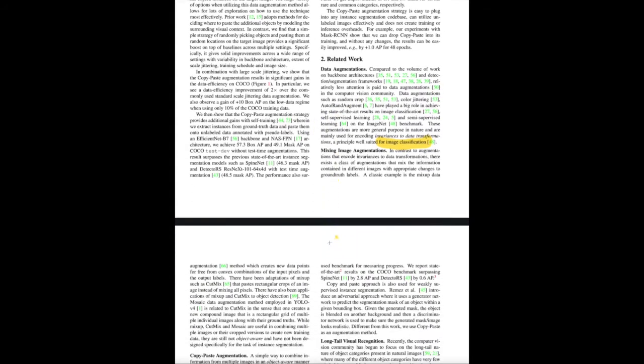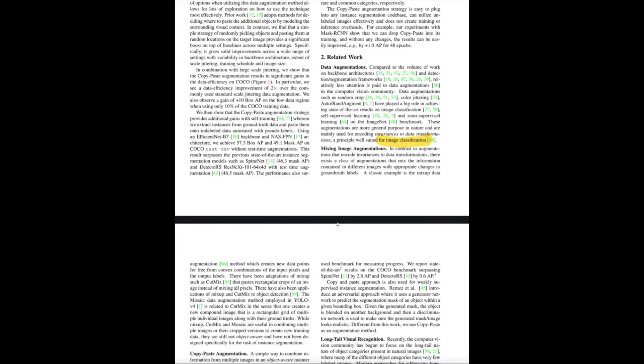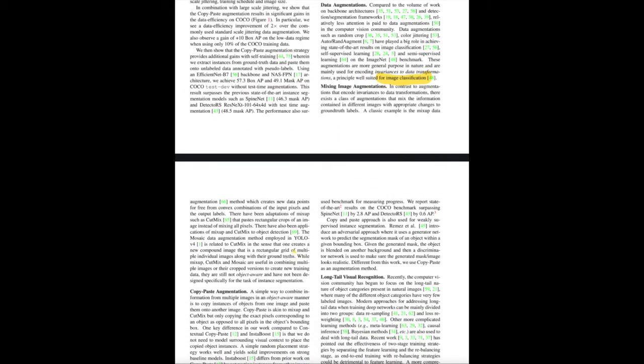There is another class of augmentation called mixing image augmentations, and there are basically three similar approaches to this. The first one is called mix-up. Mix-up is a method where you take, again, two images and you combine them.